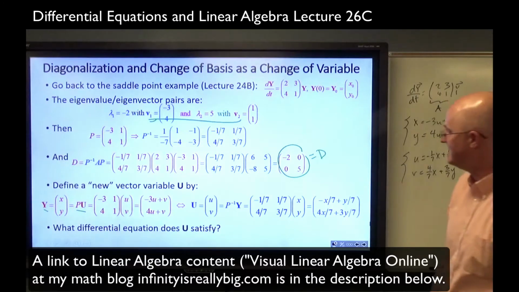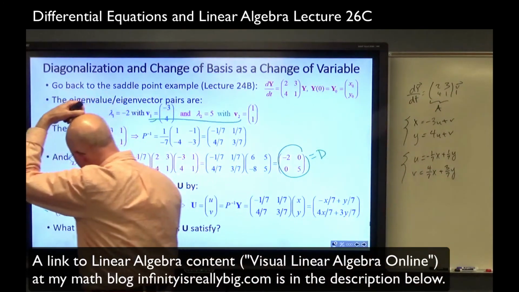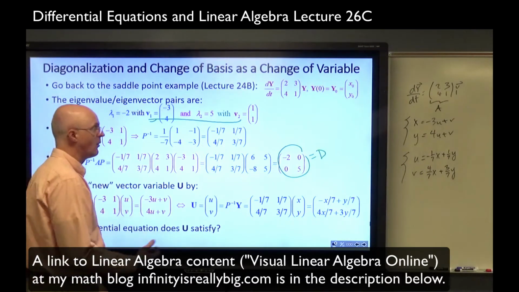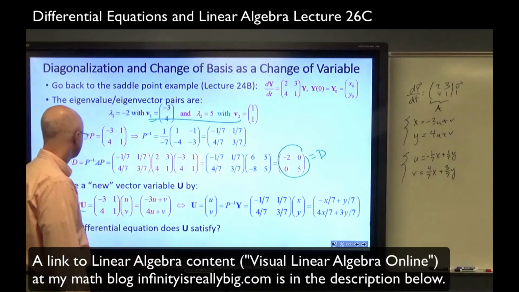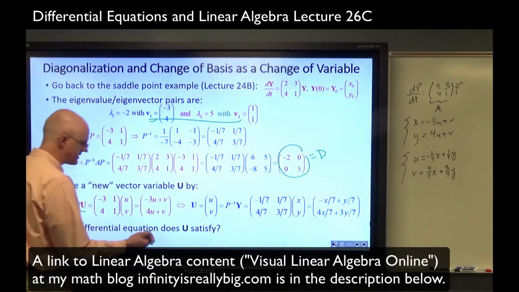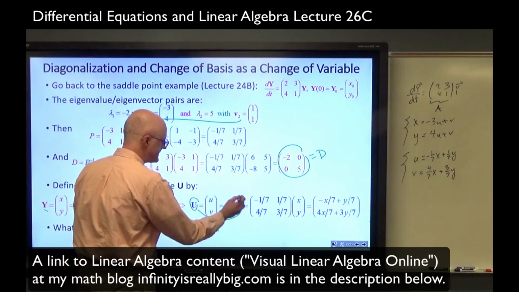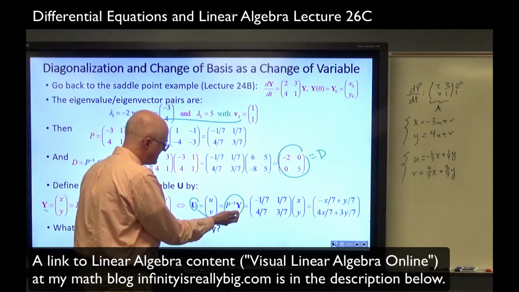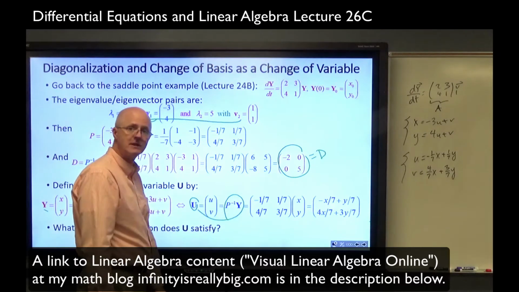We might wonder, does u satisfy a differential equation? It is a function of t, if I'm assuming y is a function of t. I can think of it this way. P and P inverse are constant matrices, but y is a function of t. Therefore, u is a function of t.